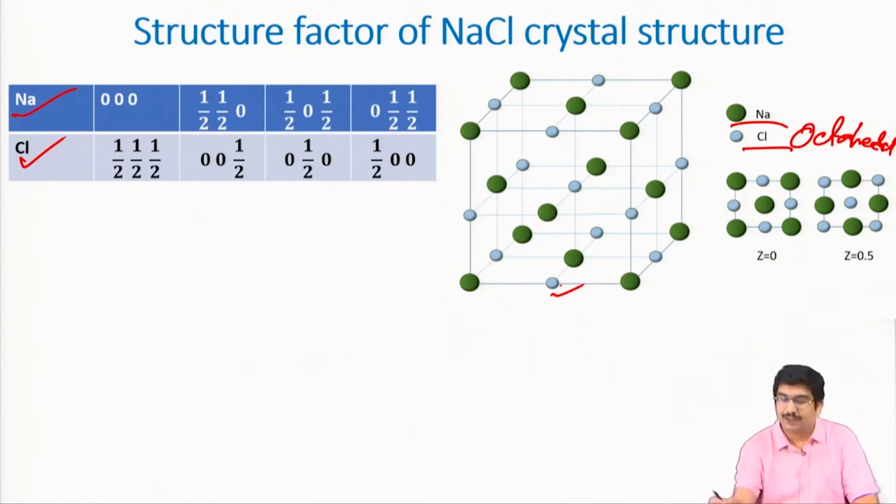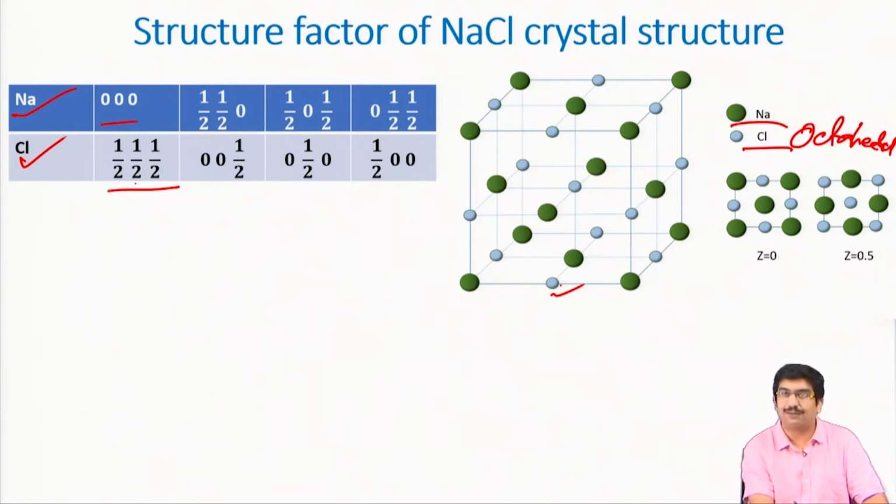So, sodium and chlorine both form their own FCC structures which are interpenetrated, and the positions of sodium and chlorine are quite interchangeable. For sodium positions you have the face centering translation, and for chlorine positions you also have the face centering translation, though the nature of this translation is a little different.